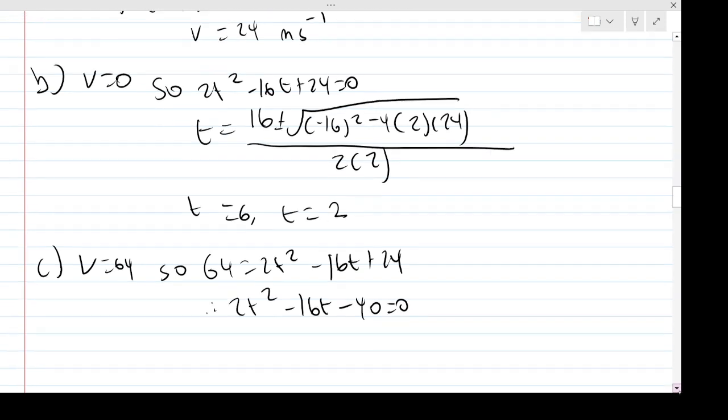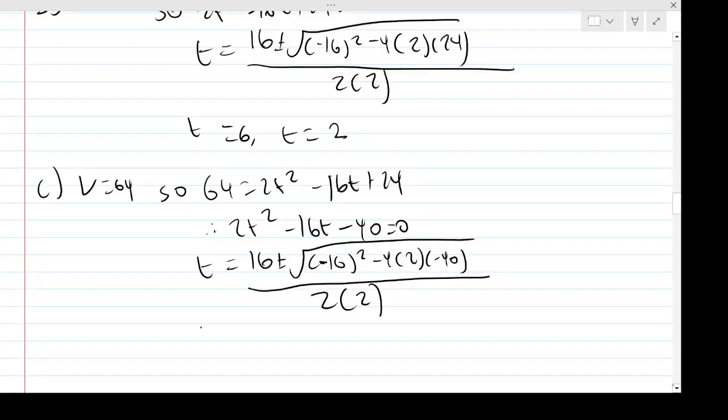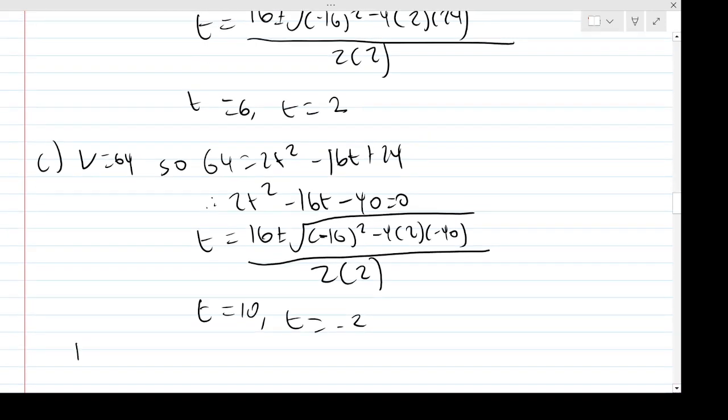Then I just solve this quadratic. Solving this, I get t is 10, or t is −2. But of course, as we just discussed, t cannot be negative because it's time. So we cannot take this solution. That means t can only be 10.